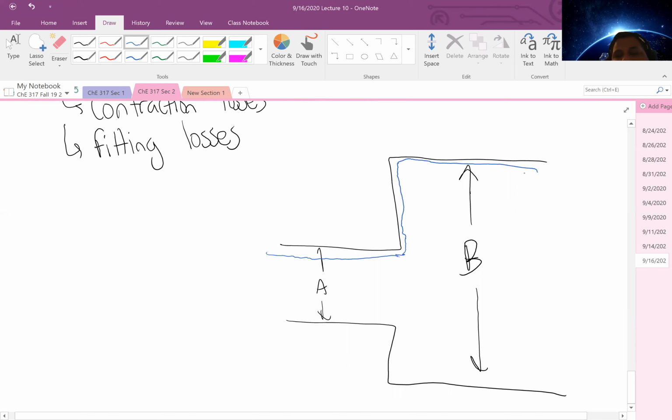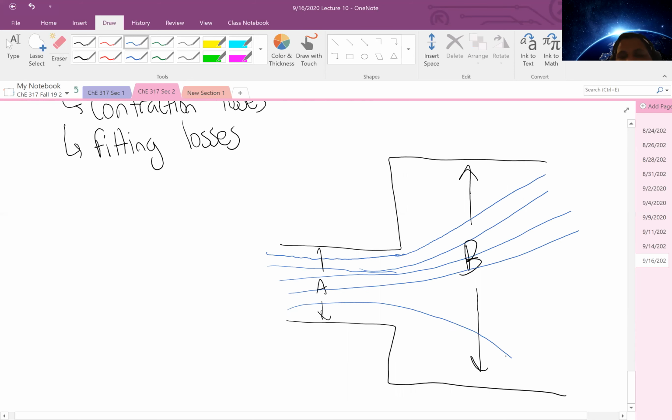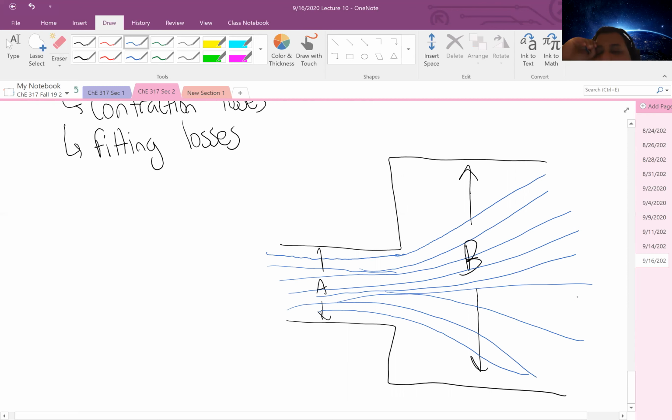That's not how the flow is going to work. You know, from our previous discussions in momentum, what's more likely going to happen is there's going to be a fanning effect as the fluid enters that section. So the velocity profile is going to look a little bit more like this, right? And since the area is larger, the velocity is going to decrease.